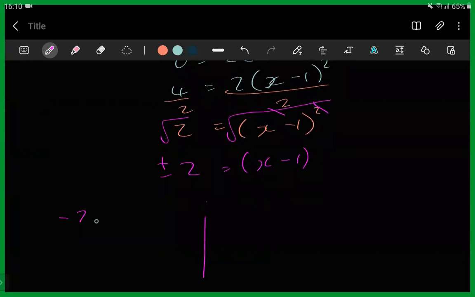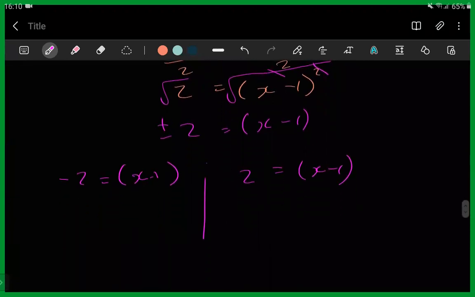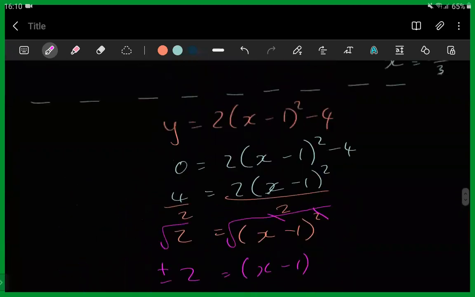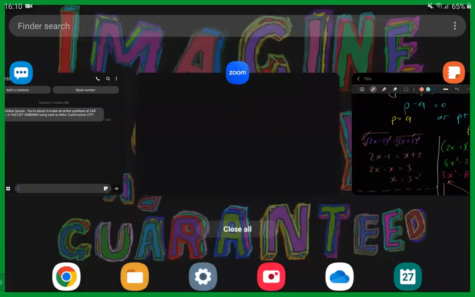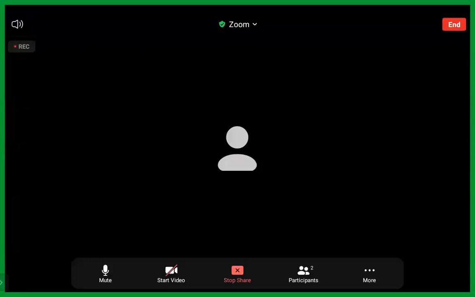You have a minus 2, and then you have the plus 2. And then the minus goes over. You have a minus 1 as the answer. You have a positive 1 as the answer also, which would both be working. So that was just to showcase that for that particular question.